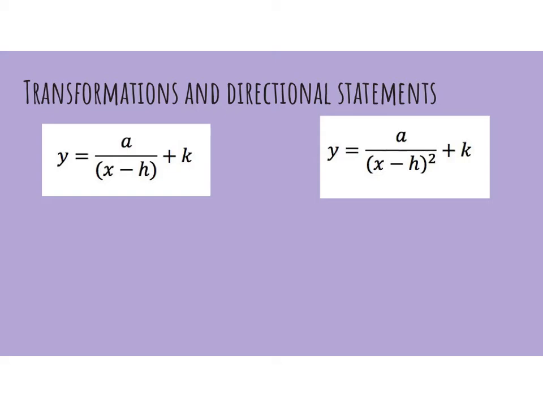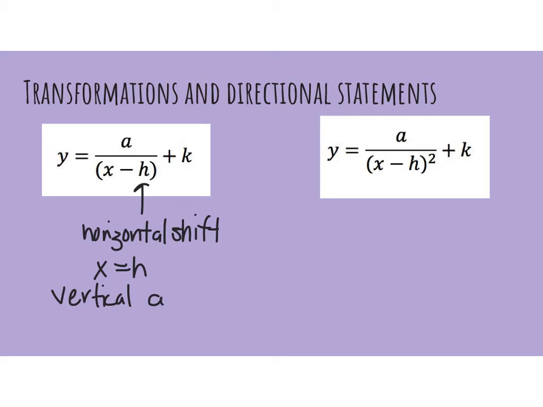What we learned from looking at the Desmos activity was that the horizontal shift changed the location of your vertical asymptote on both functions.